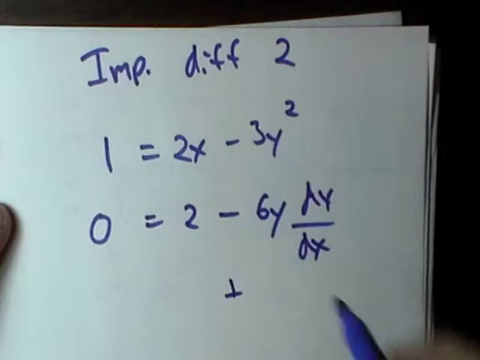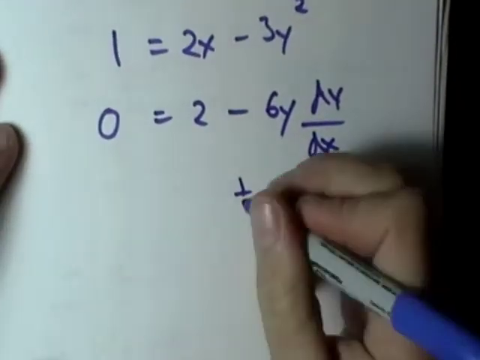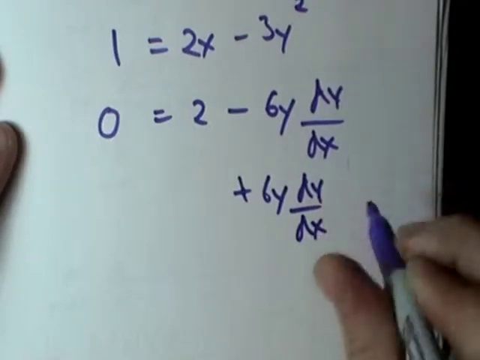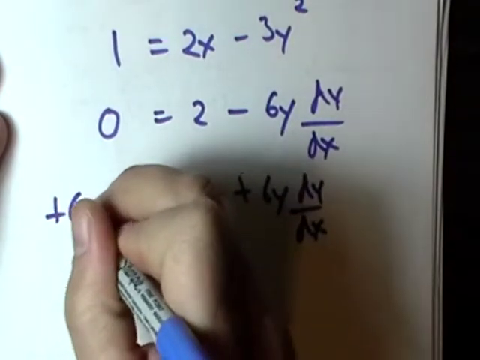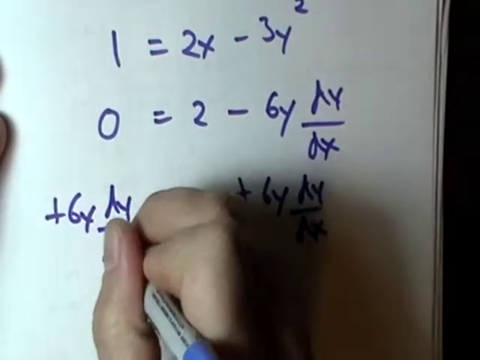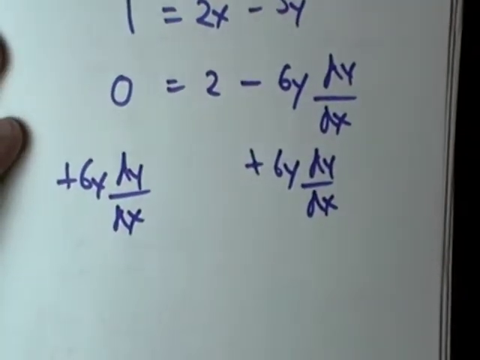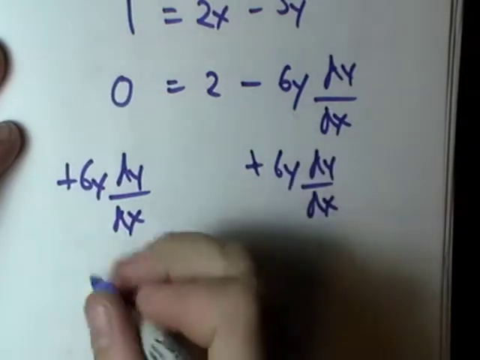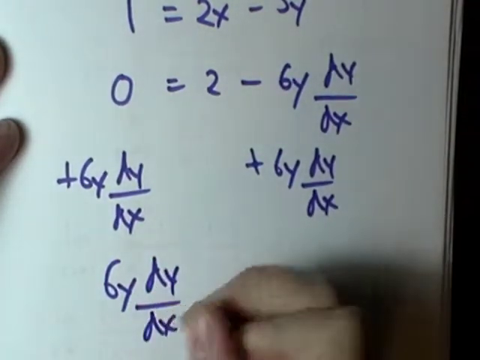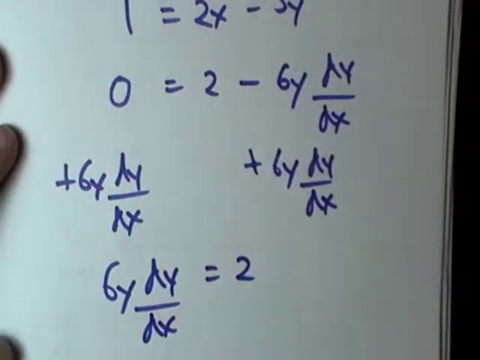Let's add 6y times the derivative to each side. Okay, we'll add to both sides and we end up with 6y dy dx equals 2.